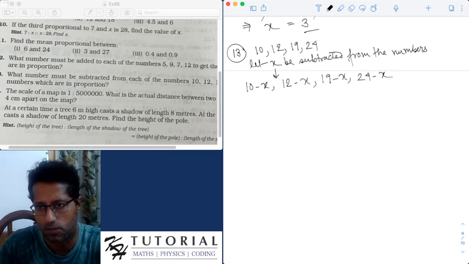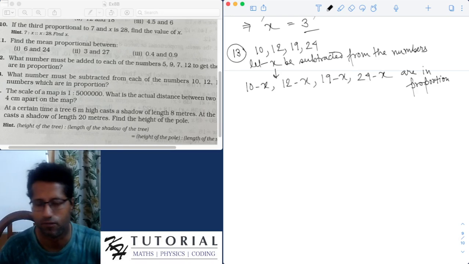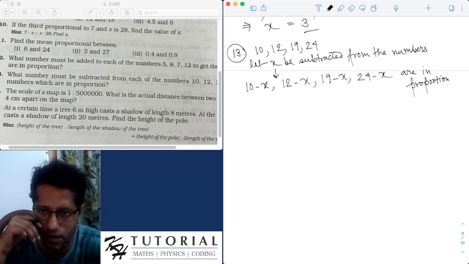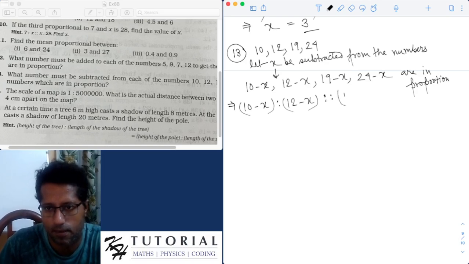Now these are in proportion. It is asking what number needs to be subtracted from all these numbers so that they will be in proportion. So if we subtract x from all of these numbers, we will have 10 minus x, 12 minus x, 19 minus x and 24 minus x in proportion. This means 10 minus x is to 12 minus x as 19 minus x is to 24 minus x.